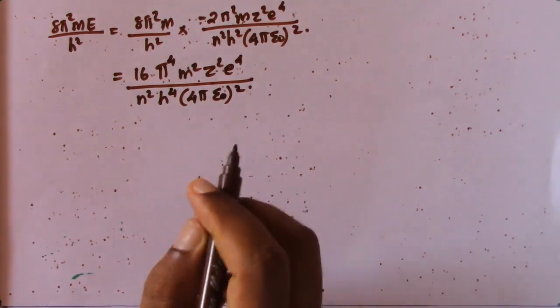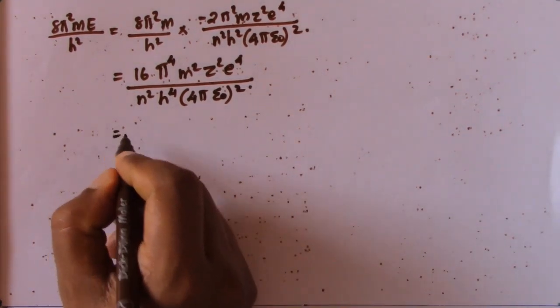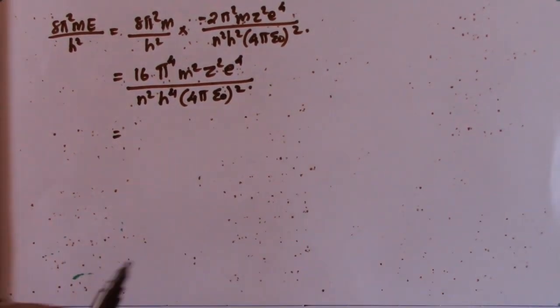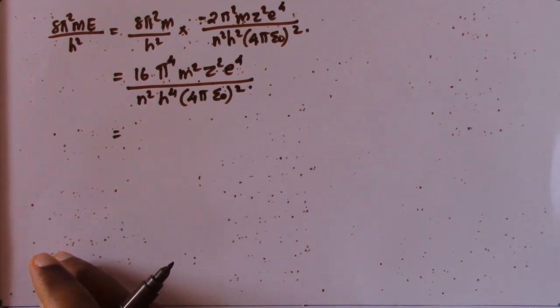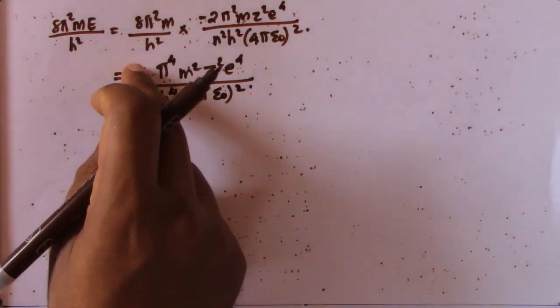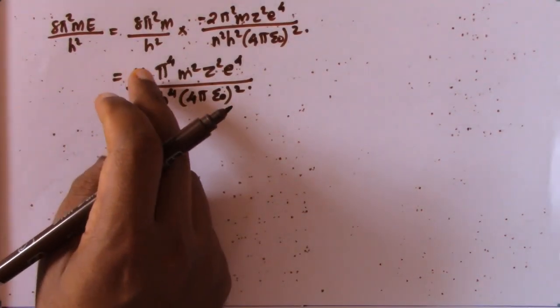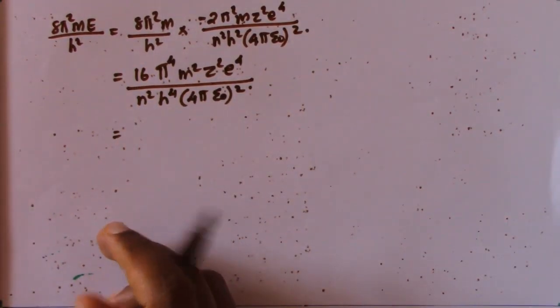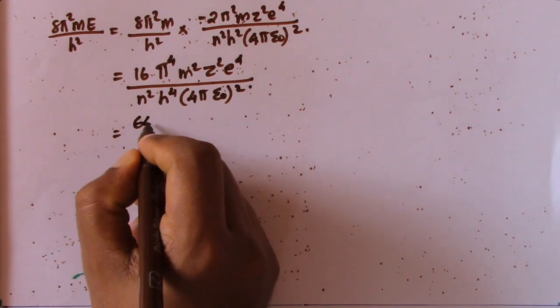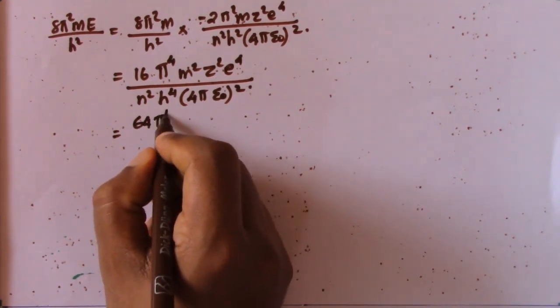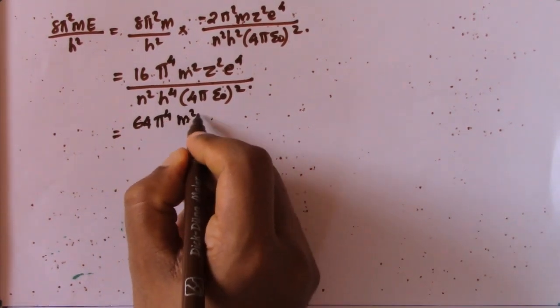I can again simplify this just by multiplying 4 with the numerator and denominator. When I multiply 4 with the numerator, I get 64 pi raised to 4 m square z square.